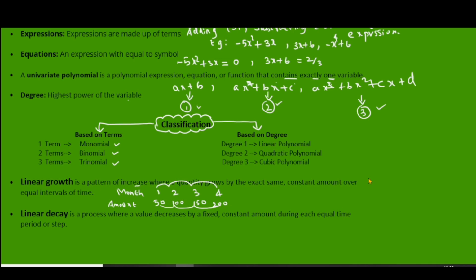Linear decay means a process where the value decreases. In the previous one, if the duration increased, the value also increased. Here, suppose I am going to sell a vehicle.